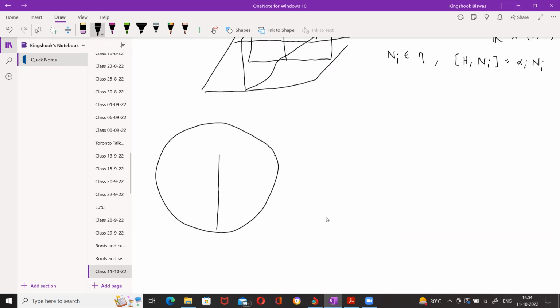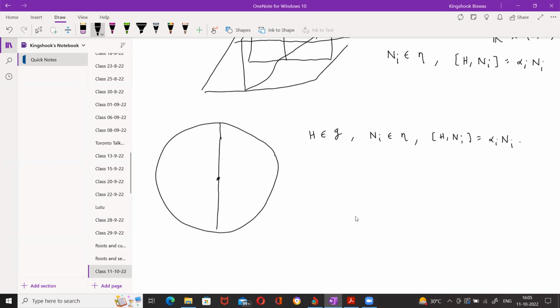Okay, so this is the orbit of e to the tH, right? This geodesic. Now, if I have H in script g, and I take an N_i, which is in little n, so that the bracket [H, N_i] is equal to alpha_i N_i.